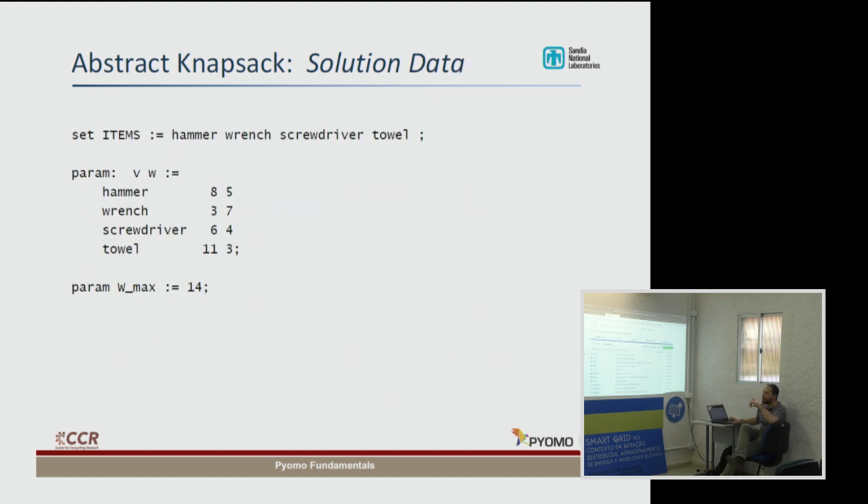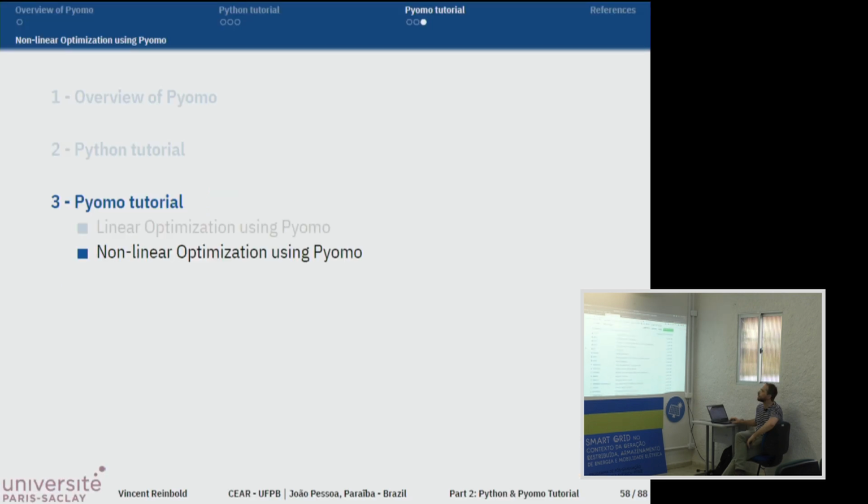So Pyomo is collaborative code, and all the code is accessible here. So you can download it, install it on your computer. You can make changes, and you can also propose some changes if you want to do that.